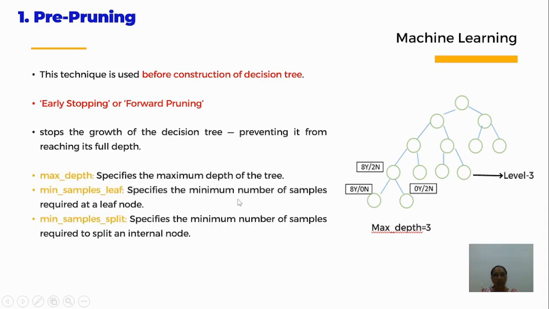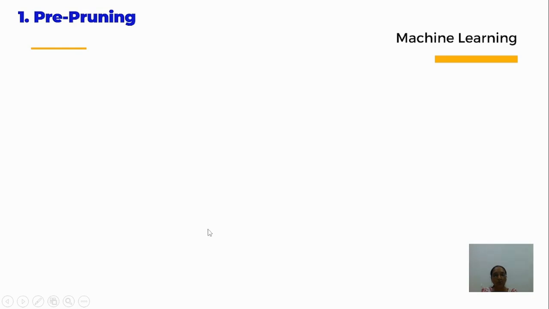For the pre-pruning technique we set some parameters like maximum depth, which specifies the maximum depth of the tree; minimum sample leaf, which specifies the minimum number of samples required at a leaf node; and minimum sample split, which specifies the minimum number of samples required to split an internal node. We use these parameters for applying the pre-pruning technique.